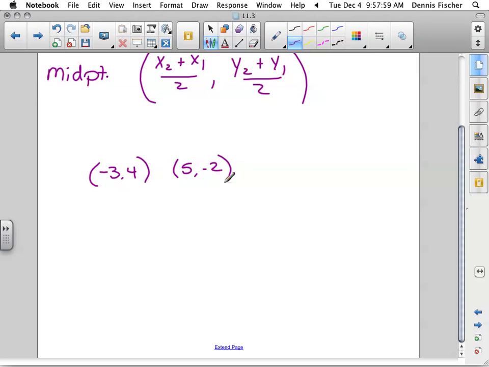Plot those 2 points on a graph. Just draw me a sketch, plot those 2 points. Come on.